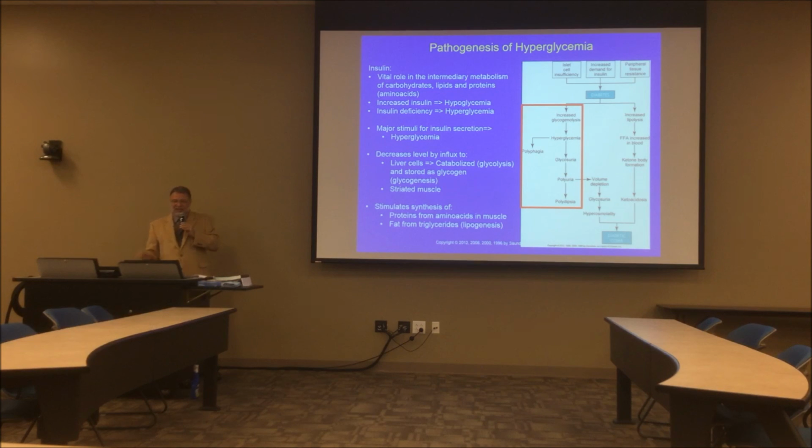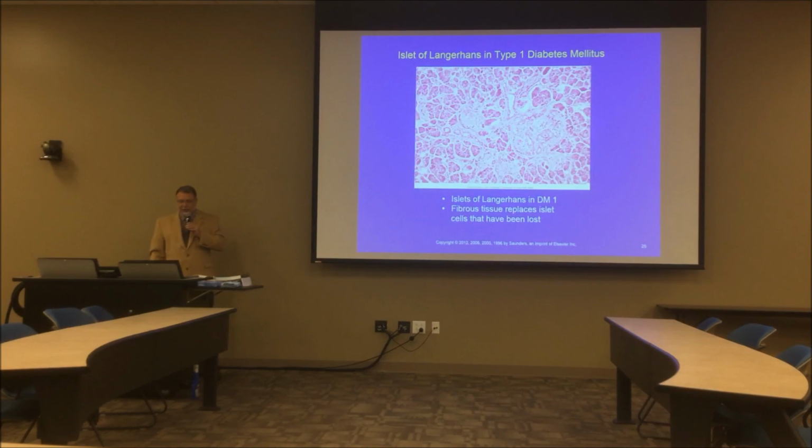So ketoacidosis gives that specific smell of apples. And it goes in both ways, increased glycogenolysis and increased lipolysis. Either of those two is going to end up in a diabetic coma. So it's very important to have control of these situations.